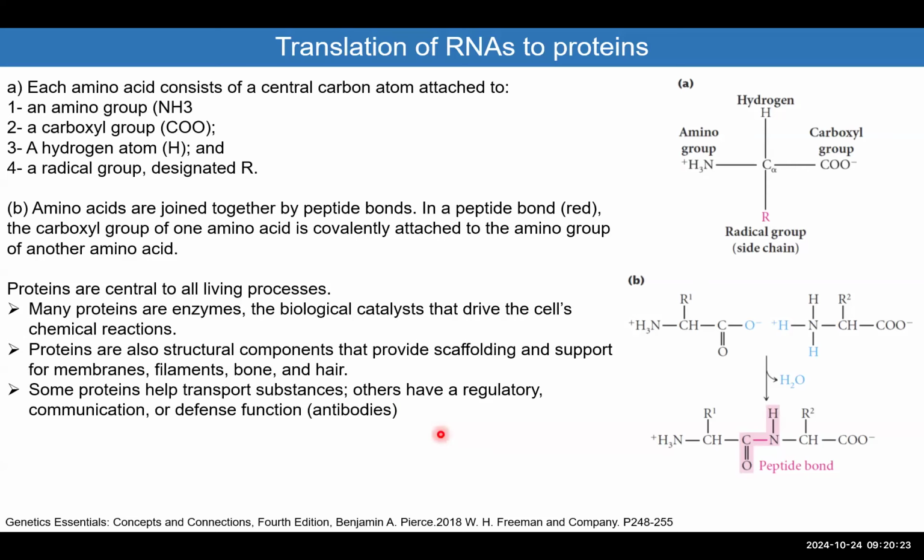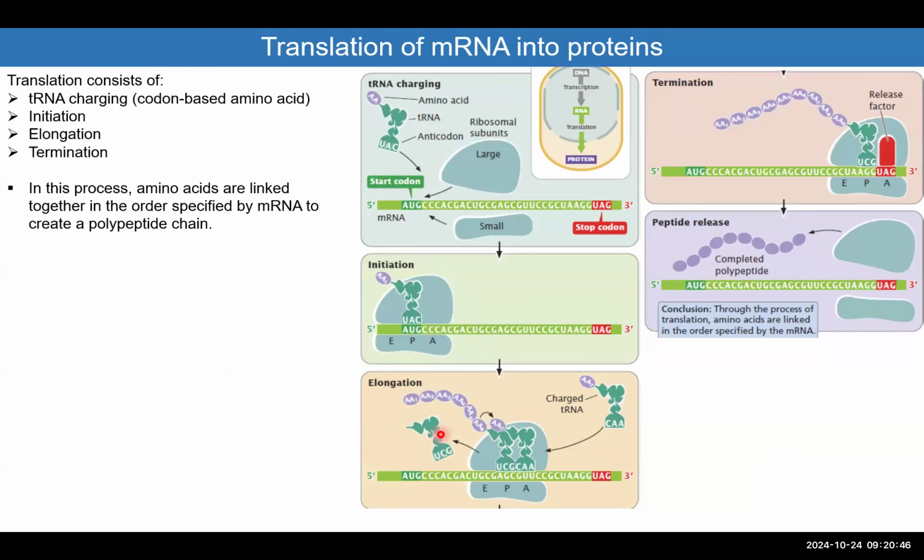Even the process of the transcription and the translation is performed by proteins, because it's RNA polymerase that transcribes the DNA, and the translation machinery that we just described here is in principle composed of proteins.